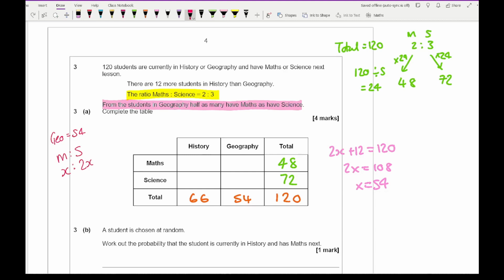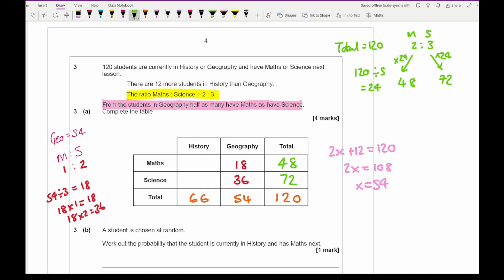Or let me change that to a ratio, so that's going to be 1 to 2. So therefore 54 divided by 3, which gives me an answer of 18. So it's going to be 18 times 1, which is 18, and 18 times 2, which is 36. So this is going to be 18 and this is going to be 36.